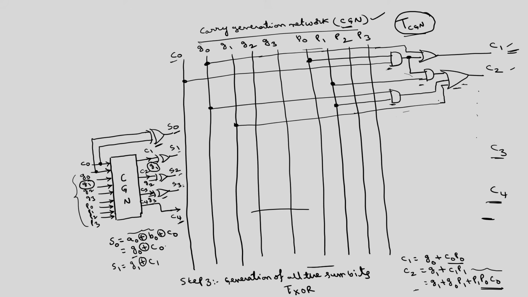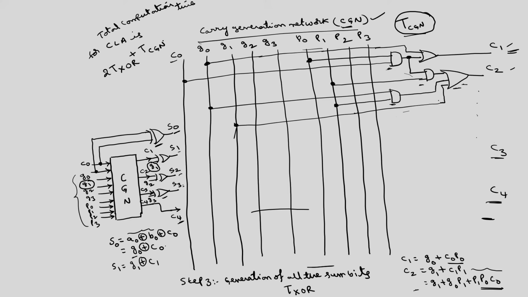So, the total computation time of this CLA is two times T XOR, since the first and third steps require the same time T XOR, plus T CGN, the time taken to compute this carry generation network.